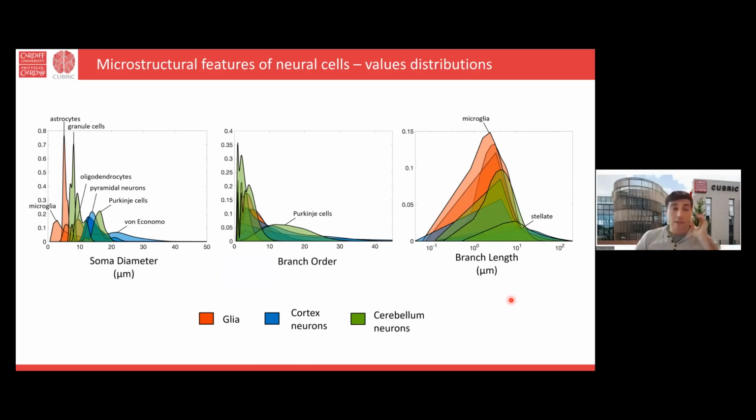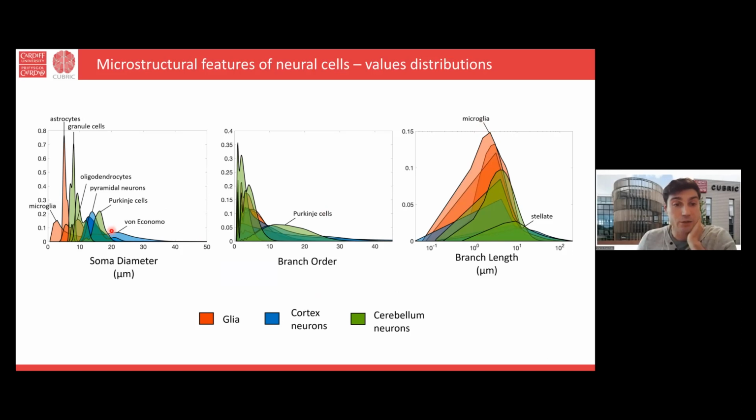So as I said before, this also suggests that some features, such as the branch length, do not allow us to use water diffusion MRI to differentiate between microglia and neurons, or between glial cells and neurons.